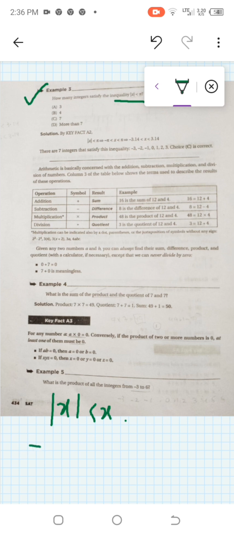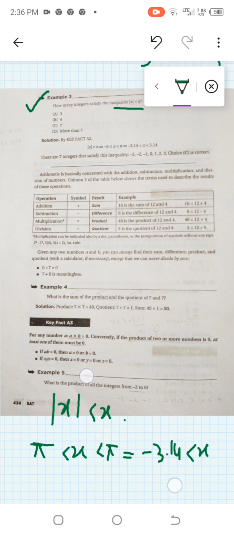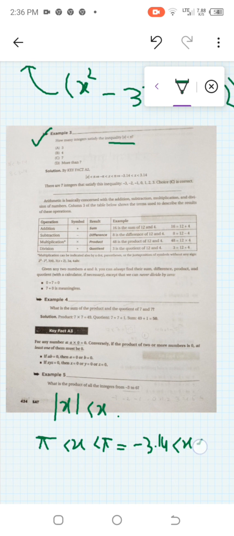So minus pi is basically less than x less than pi. And we know that the value of pi is 3.14, so x will be greater than minus 3.14 and less than 3.14.